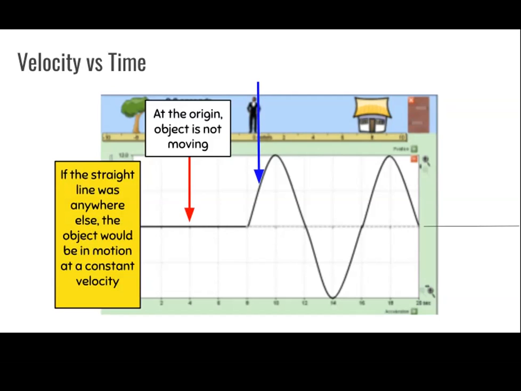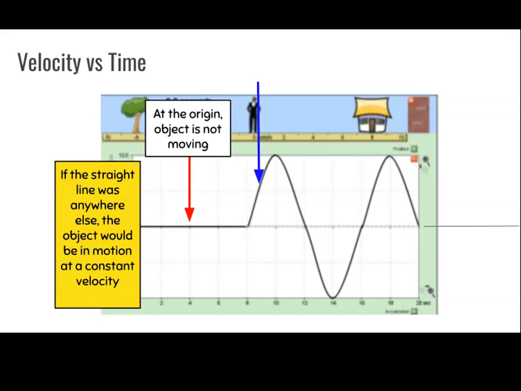Anybody else have thoughts? Armand, what do you think? The object is increasing speed. Okay. Any other thoughts? Okay. So this is where position versus time. Oh, Brianna, what would you like to add? That the object is going faster or increasing speed.